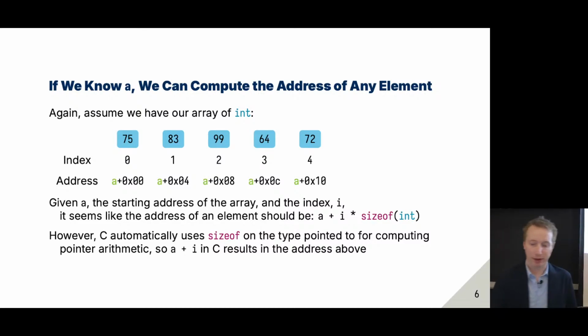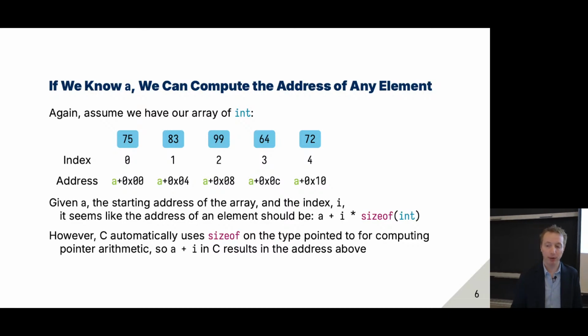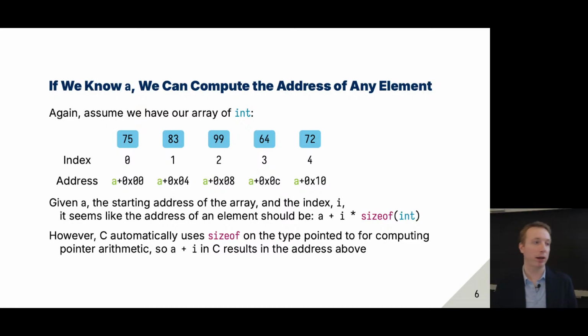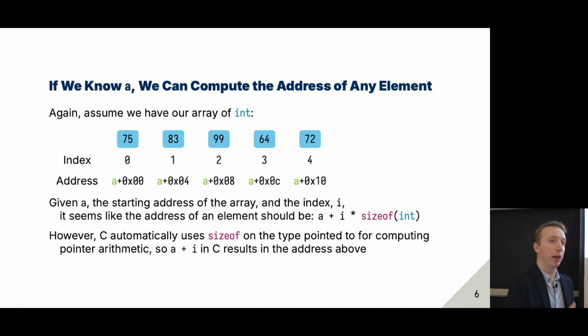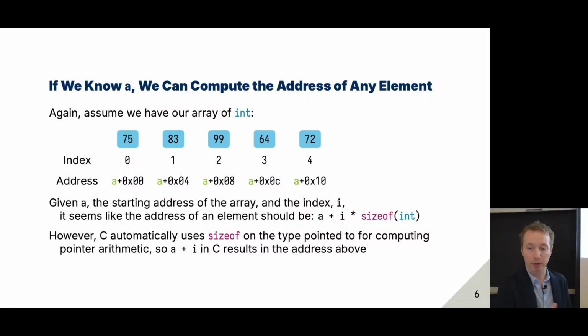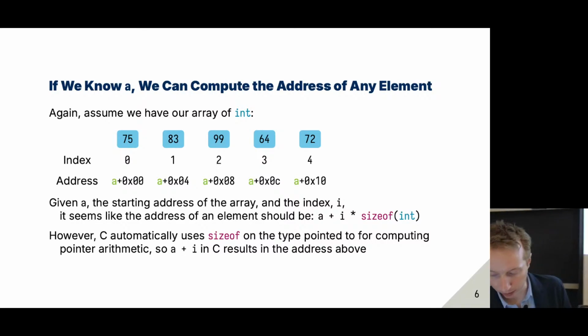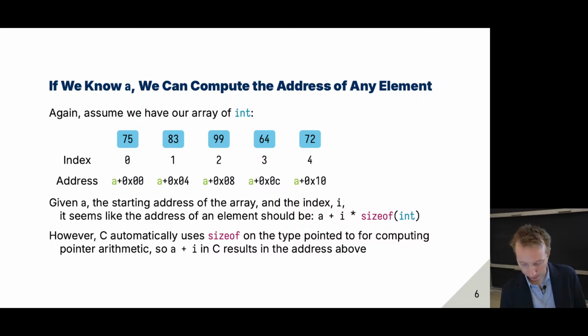Because that function just gets A, like the starting address of the array, since we know A, which is the value of that pointer, then we can actually address any element because we know that all of the values are going to be beside each other in memory. So again, you can kind of see the formula here.